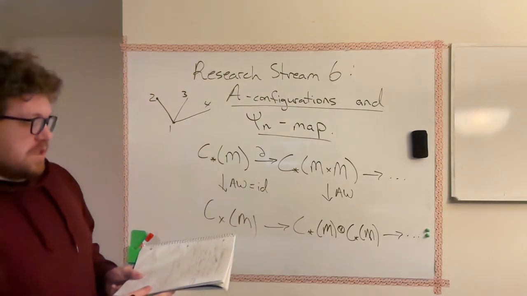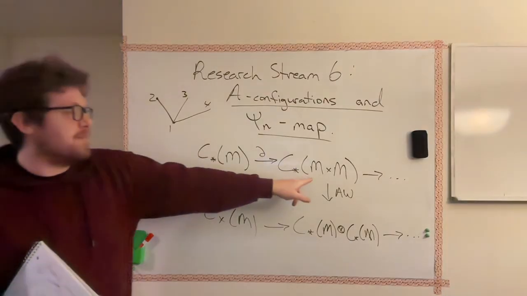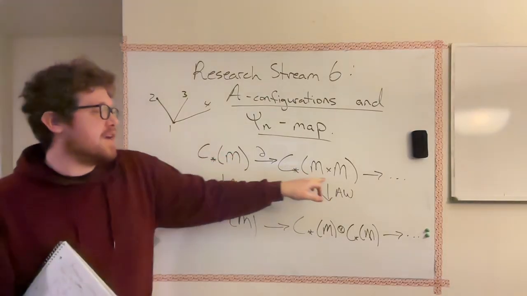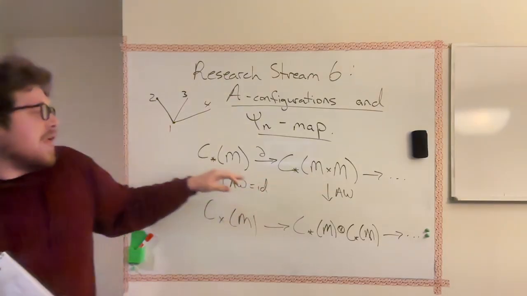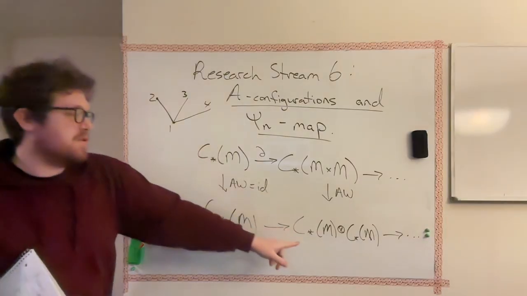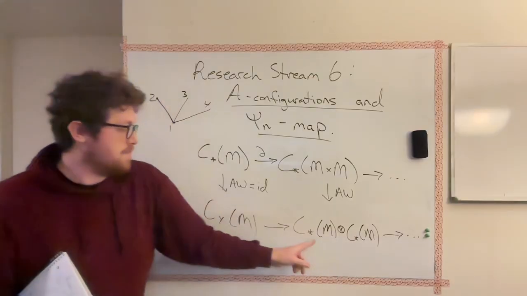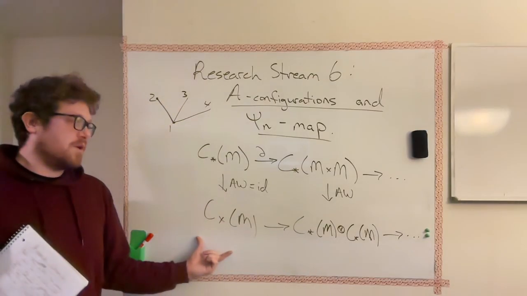So this is the overall setup. We have a certain chain complex which is built out of these Cartesian products. M is some simplicial set, and things are too hard to compute here, so we want to use the chain complexes on M itself and tensor products. This is a much easier thing to compute with.